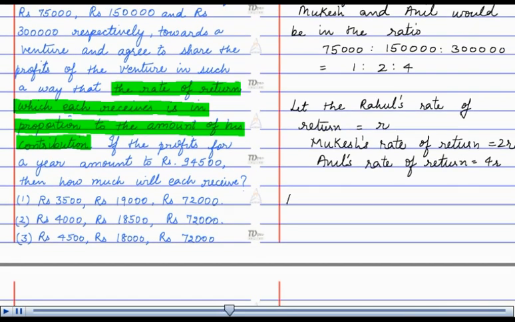Therefore, for calculating Rahul's share of profit, we will apply this rate R onto the amount he has contributed to the venture, that is rupees 75,000, which gives 750R.